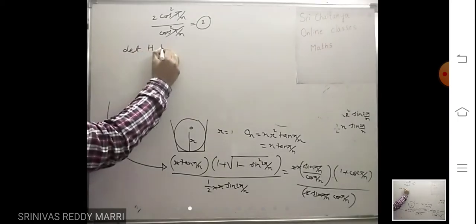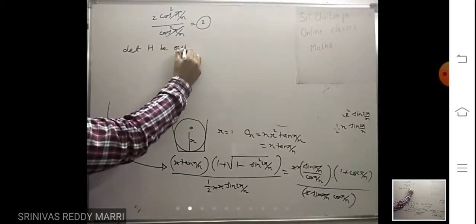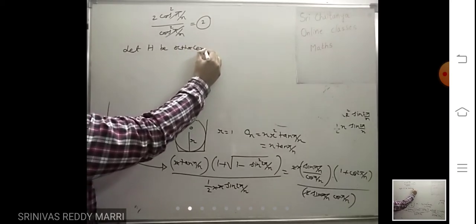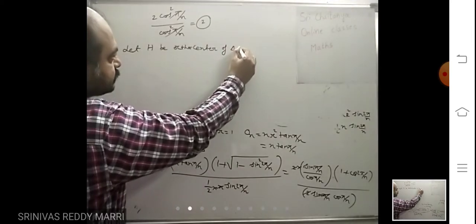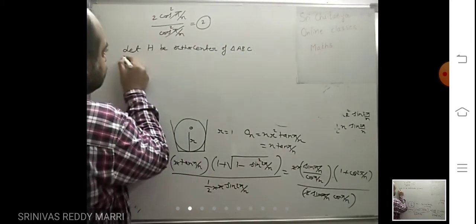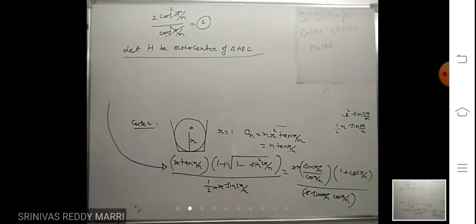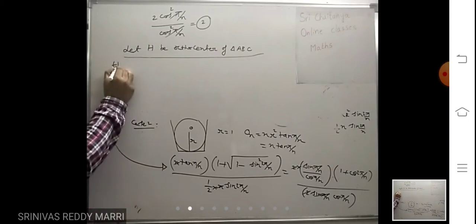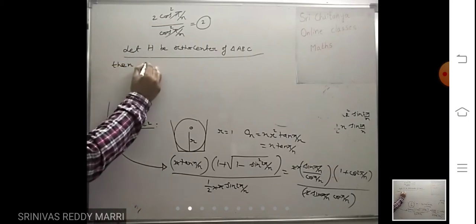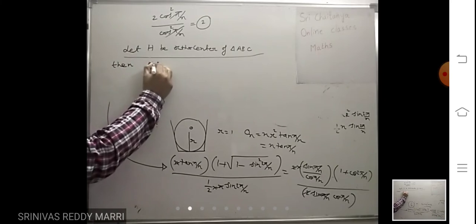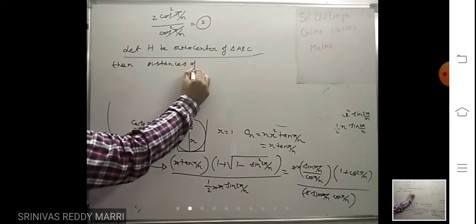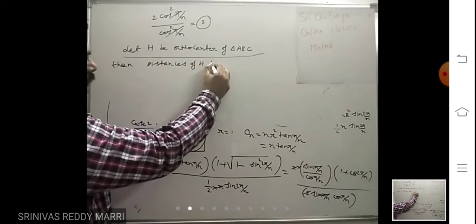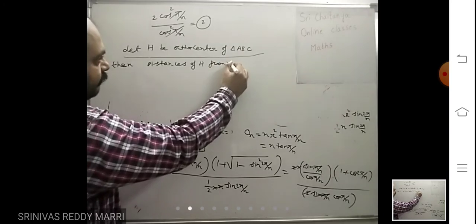Let H be orthocenter of triangle ABC. Orthocenter in any triangle ABC is generally denoted by H. Then distances of H from vertices.